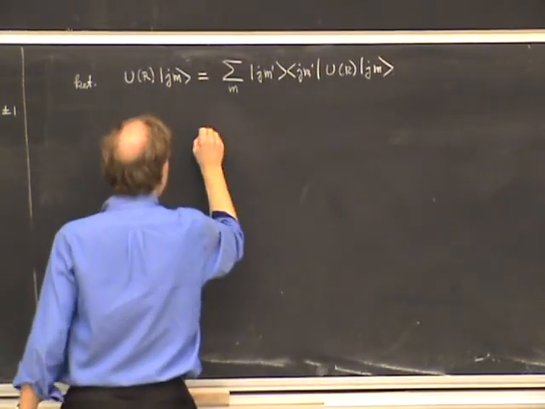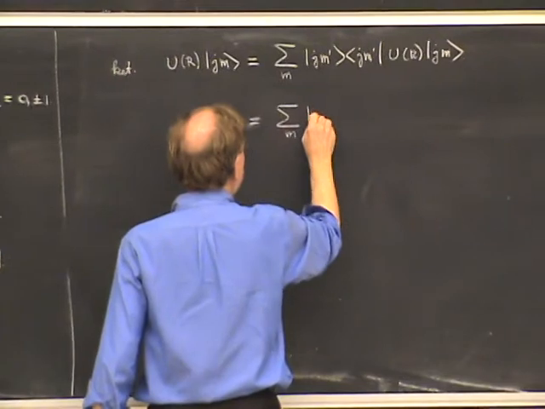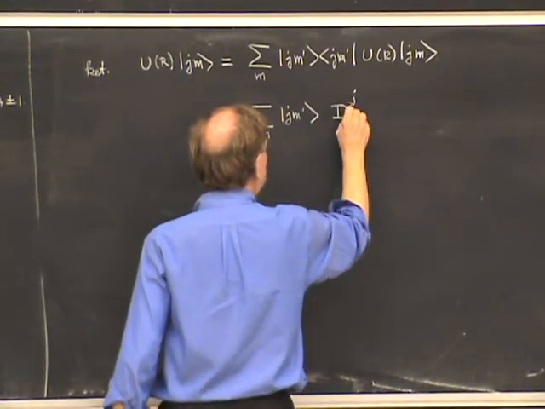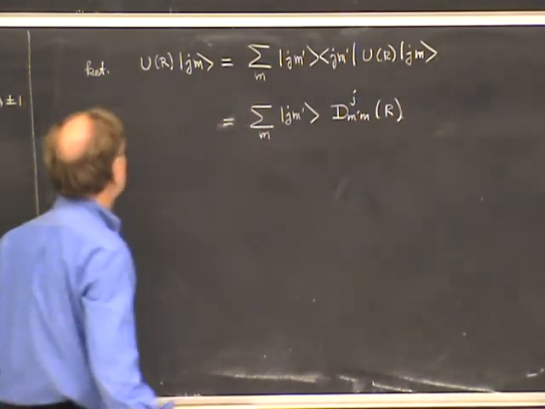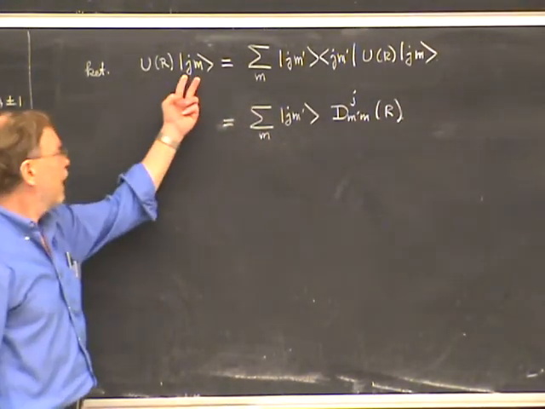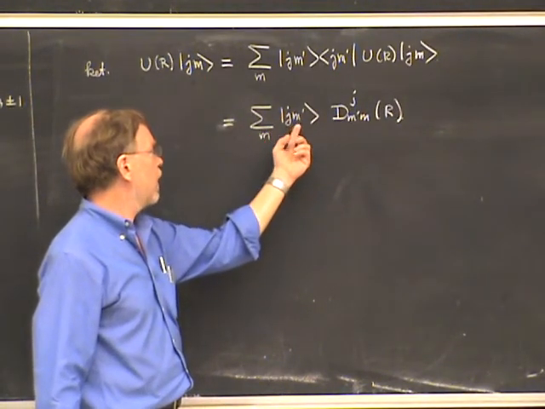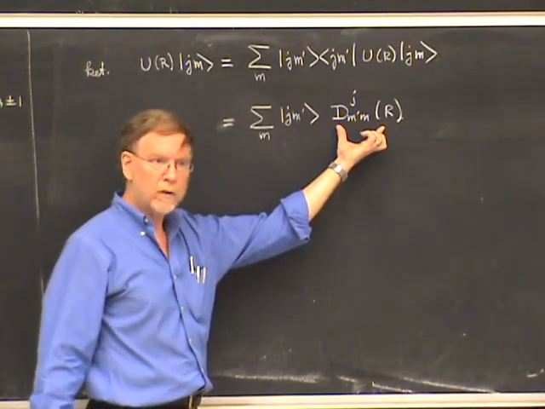And the result of this is the sum on m' of the basis vector |j m'⟩, and then what's left over is a D matrix, D^j_{m'm} of the corresponding rotation. So if you rotate one of these basis vectors, you get a linear combination of the basis vectors with the same j but other values of m, with expansion coefficients which are the components of the D matrix.